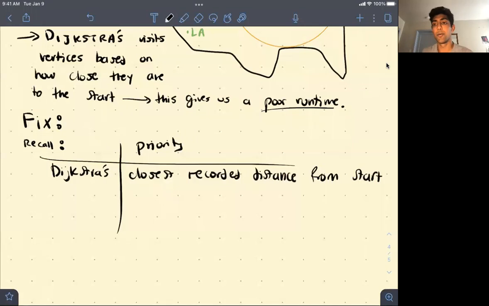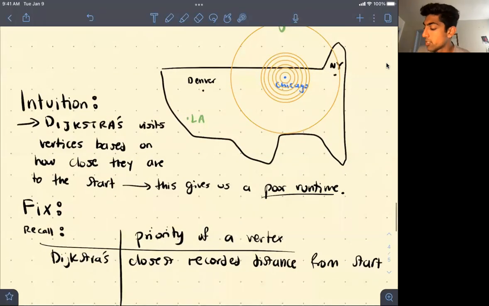So now what I want to do is change the priority of a vertex, so that we prioritize going to Denver before we go to New York, right?